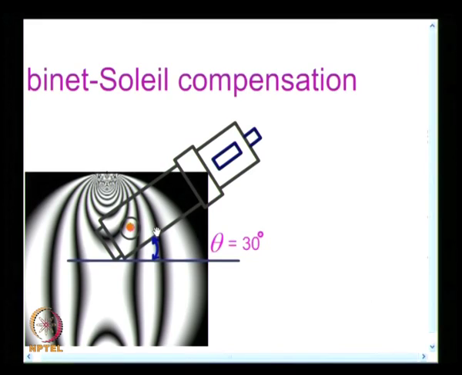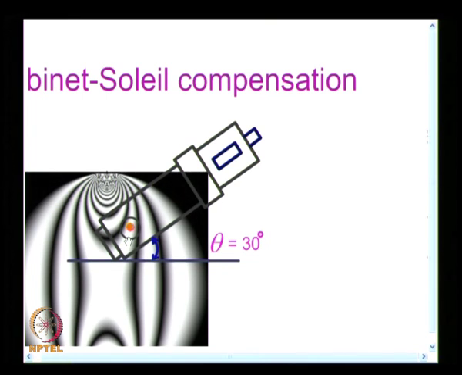And what I have shown here is the compensator is put, and this is the field of view. The field of view is very small in the case of a Babinet-Soleil compensator. So, what you see here is only within this field, and even within this field, only at the point of interest the interpretation is valid. Though you see a fringe background, they have no physical meaning when I apply the compensation.